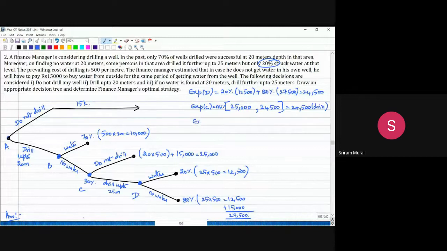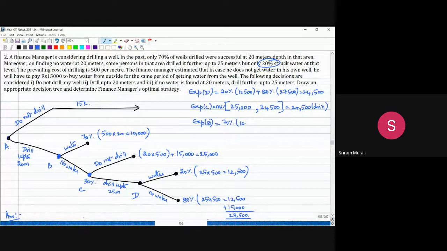At B, expected value at B, what do you take? This is 0.7, I mean 70%, into 10,000 rupees you have to spend.